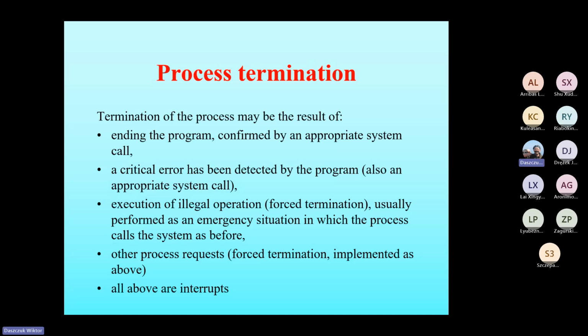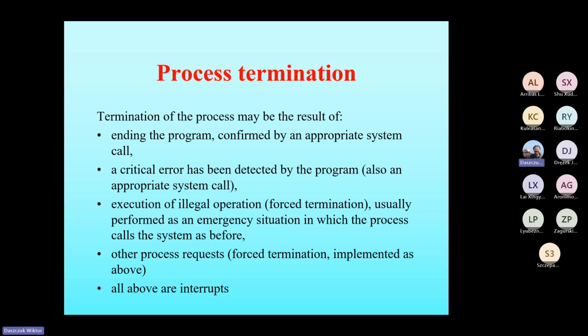Termination of a process can result from the willing of the program. It can be executed as the order of the parent of the program. It can be an illegal instruction or division by zero, an error. The compiler can build into the program some control operations, for example, checking every pointer before use if it's not a null pointer.